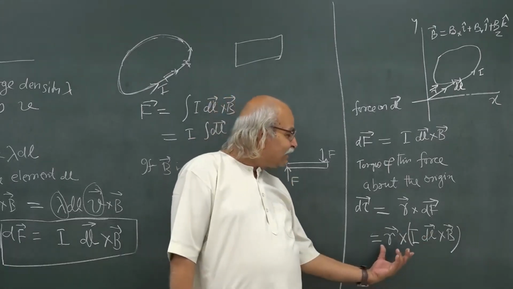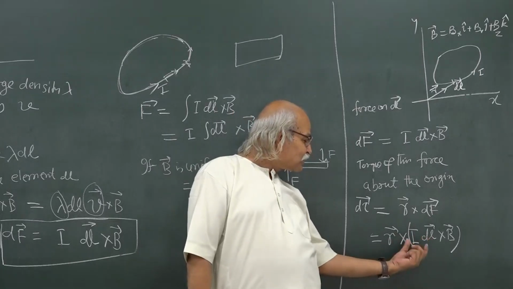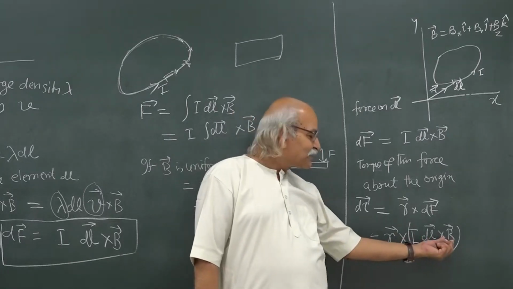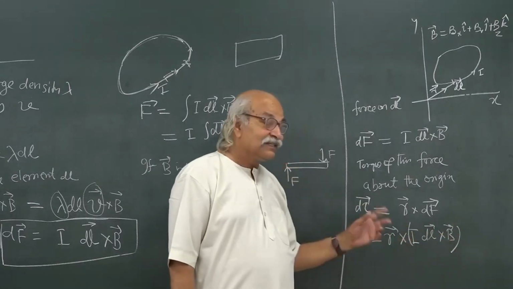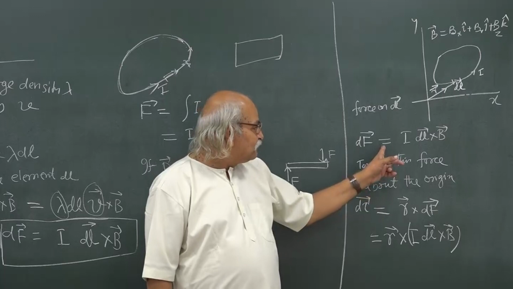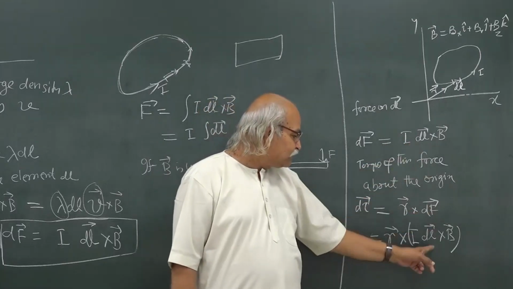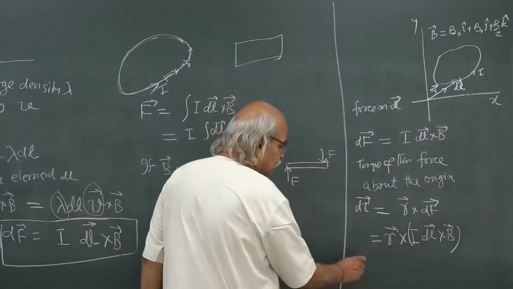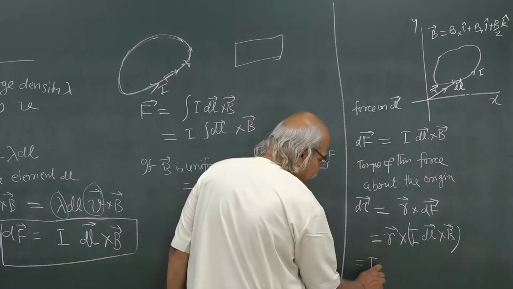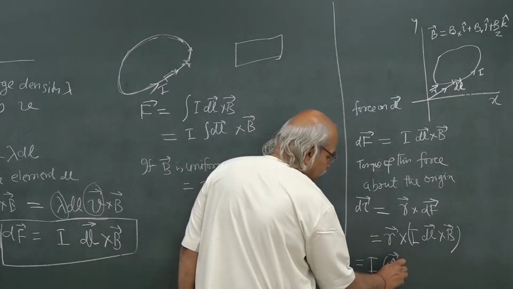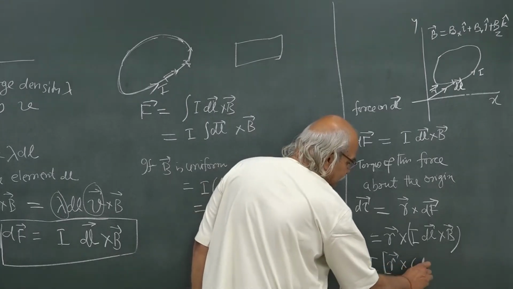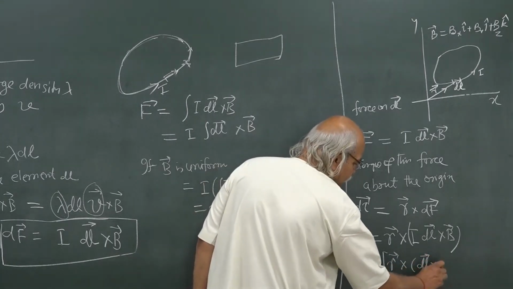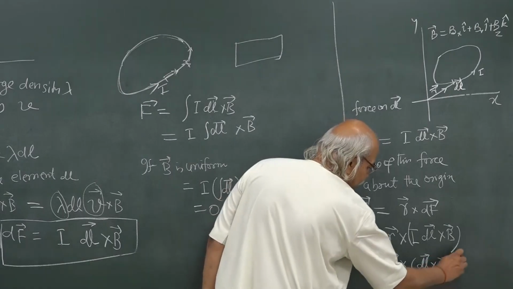It is not that either you do this cross first and after that the other, or the other way around. They are different. So, r cross dF, for dF we write this. So, this is I, and then r, cross, and then dl, cross B.